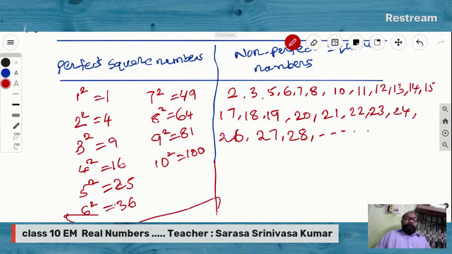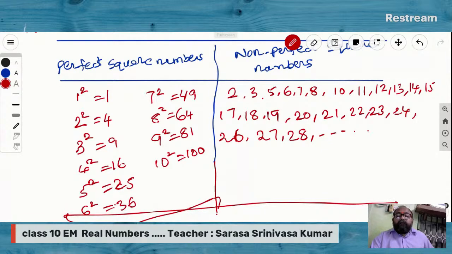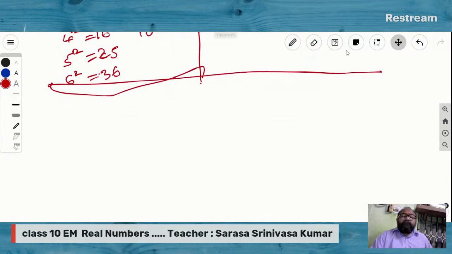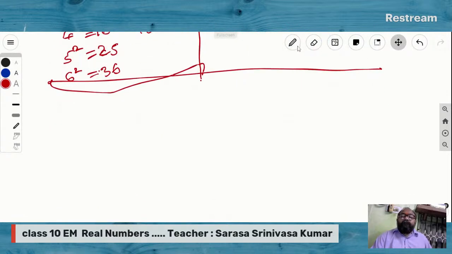Now, after understanding the definition of a perfect square number and a non-perfect square number, we consider the square root. The square root of 2 square equals 2.